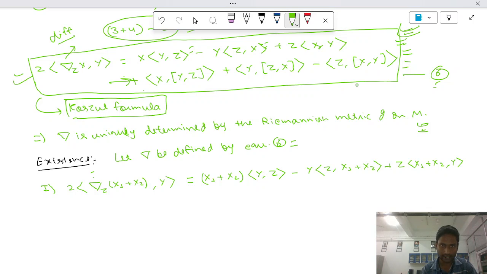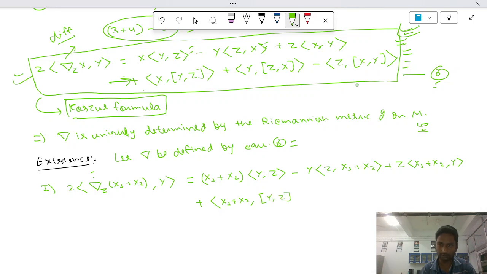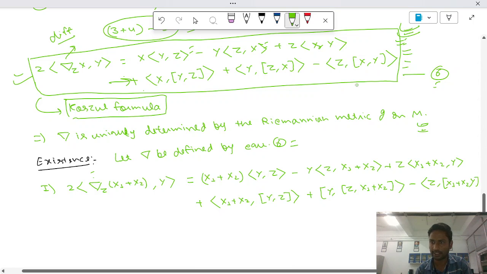Similarly, you can write down the bracket terms also: the pairing of x1 plus x2 comma the bracket of y comma z, plus the pairing of y comma the bracket of z comma x1 plus x2, minus the pairing of z comma the bracket of x1 plus x2 comma y.